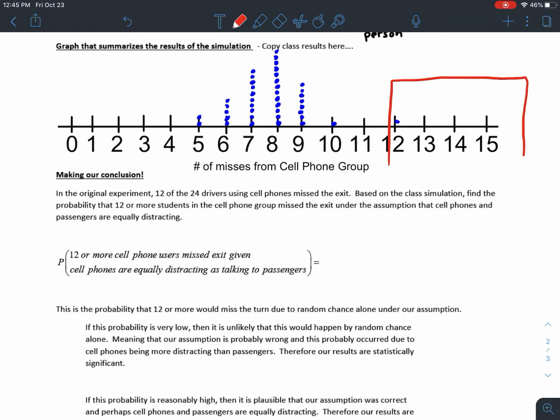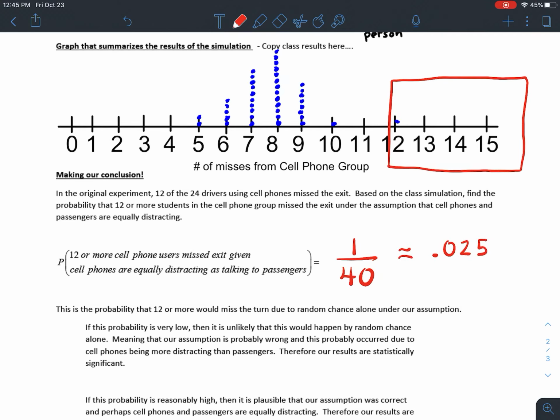So I'm going to look at the dot plot and see how many dots fell where we had 12 or more people in the cell phone group who missed the exit. You can see that only happened one time out of these 40 simulations. 1 out of 40.